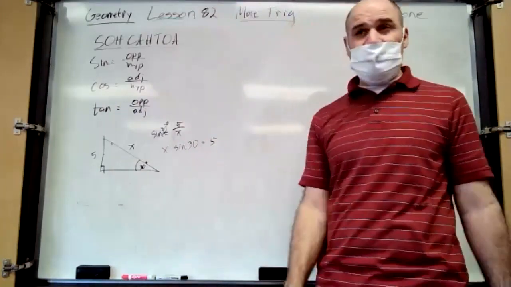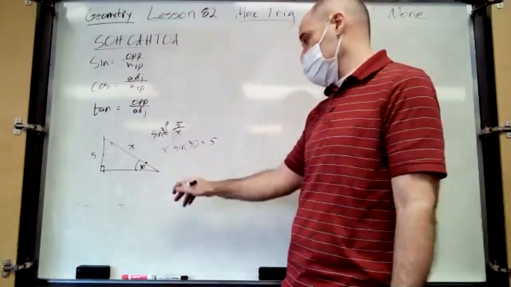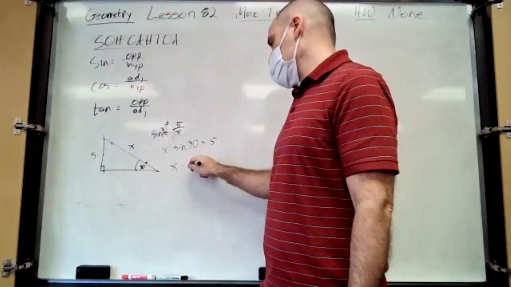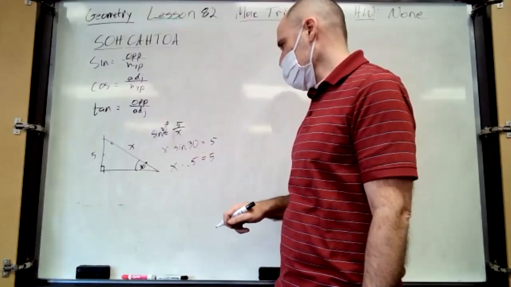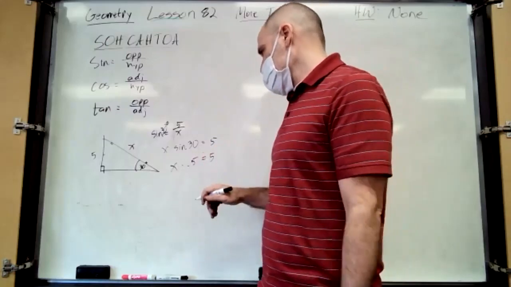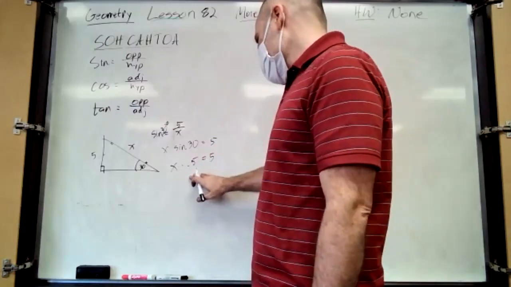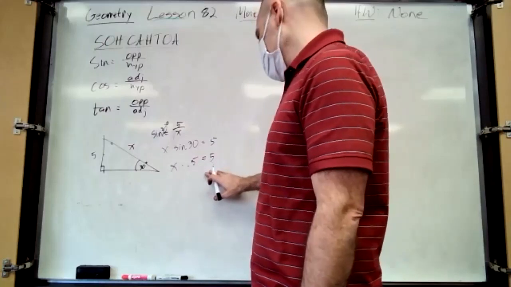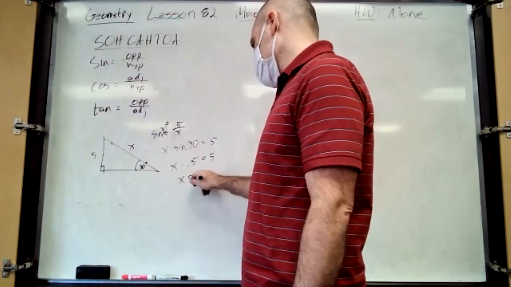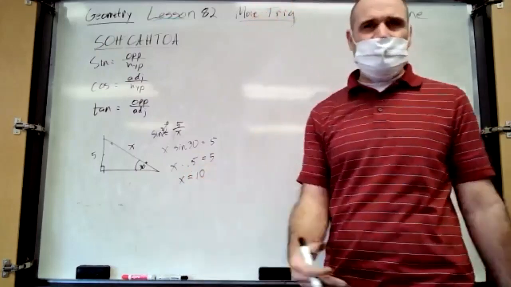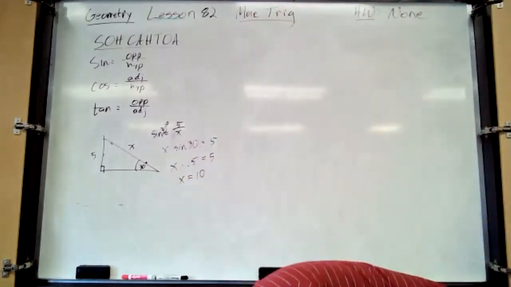Well, the sine of 30 is just 1/2. So x times 0.5 equals 5. When I divide 5 by 0.5, I get x equals 10. Okay, so that's using trig to find a missing side.